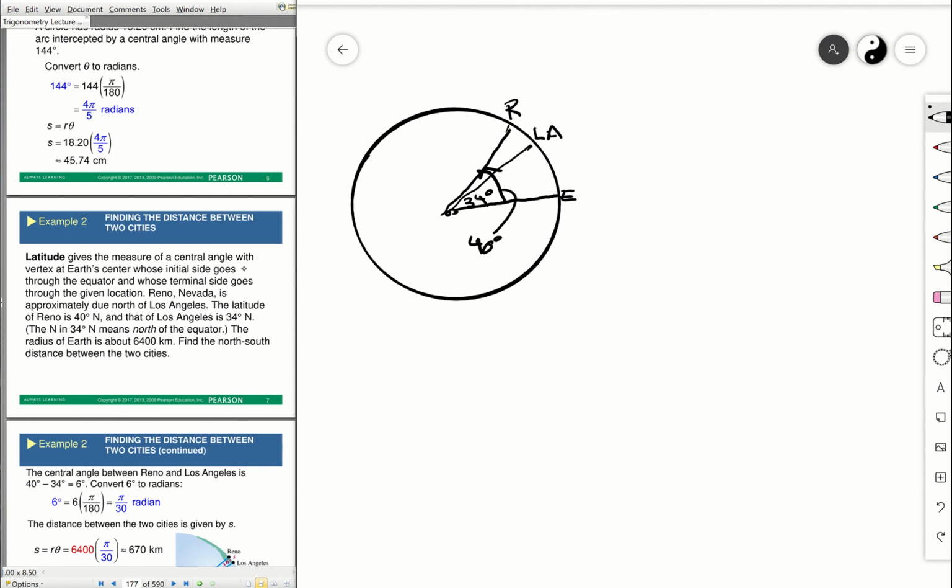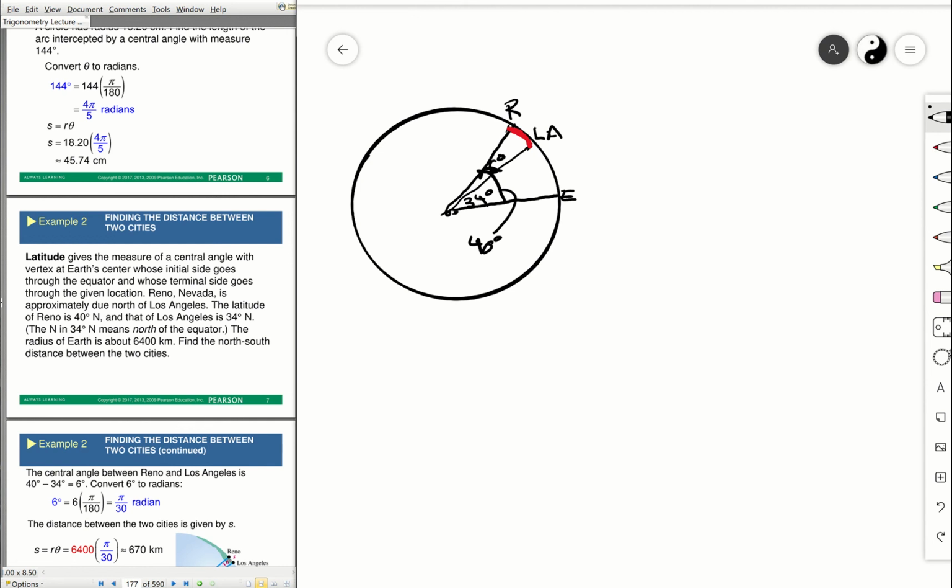So of course the angle between them and the arc of interest, which we're trying to measure, this arc will correspond to that central angle in the middle, which is basically 40 minus 34, so clearly 6 degrees.